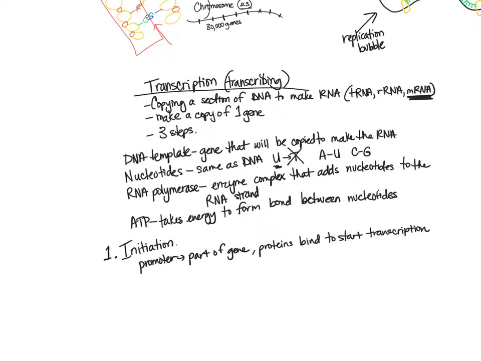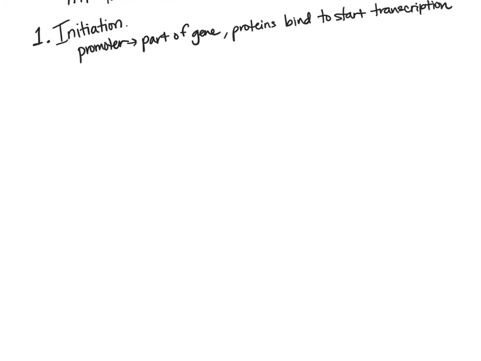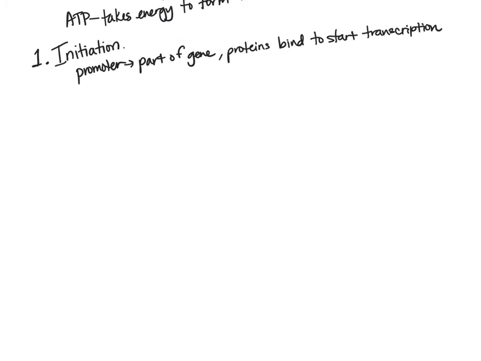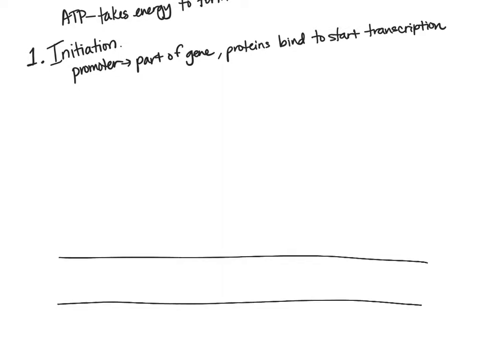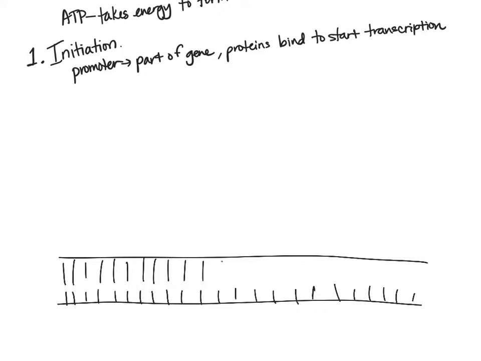So if we take a look at our DNA, we have our double-stranded DNA, and then we have our nucleotides, and across from them our complementary base pairing with hydrogen bonds holding these two strands together.